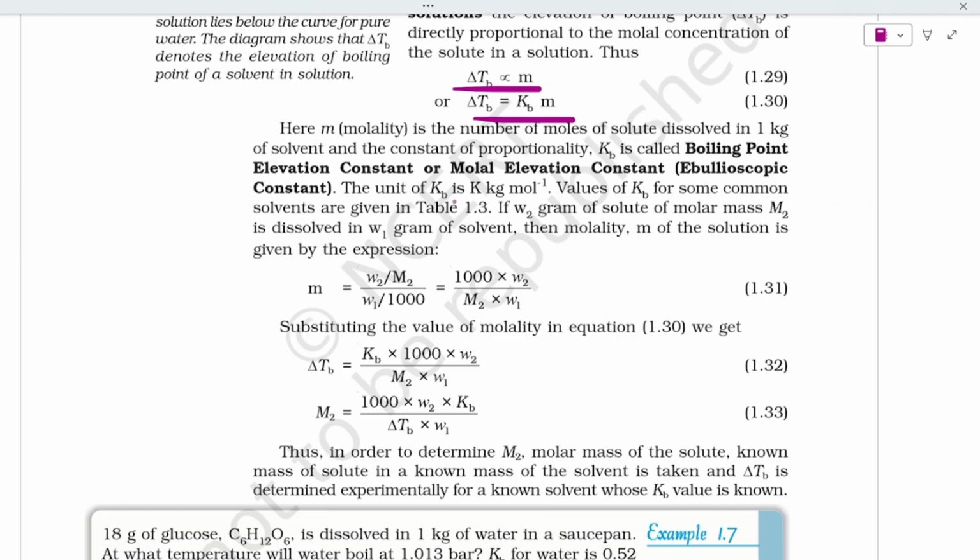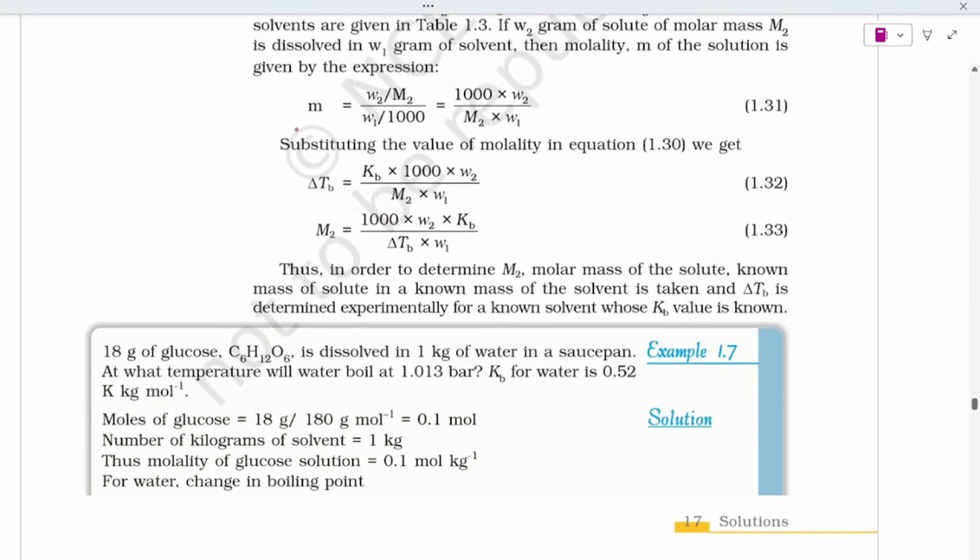The unit of KB is Kelvin kg per mole. Values of KB for some common solvents are given in table 1.3. Now molality m is equal to W2 divided by M2 divided by W1 divided by 1000, and it will be equal to 1000 into W2 divided by M2 into W1, because the denominator term comes down.